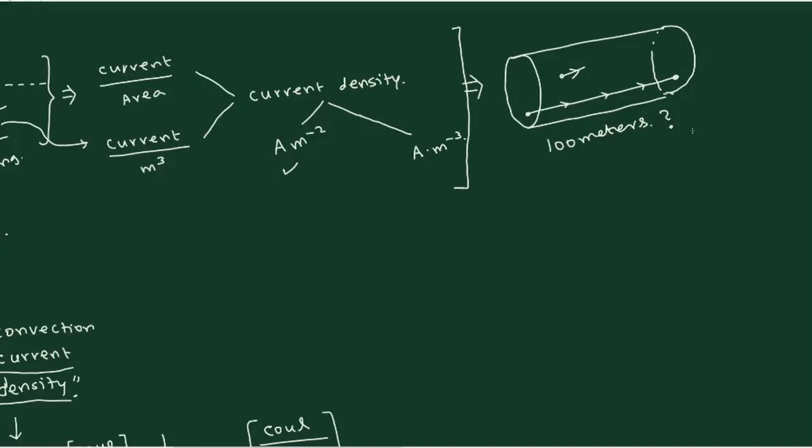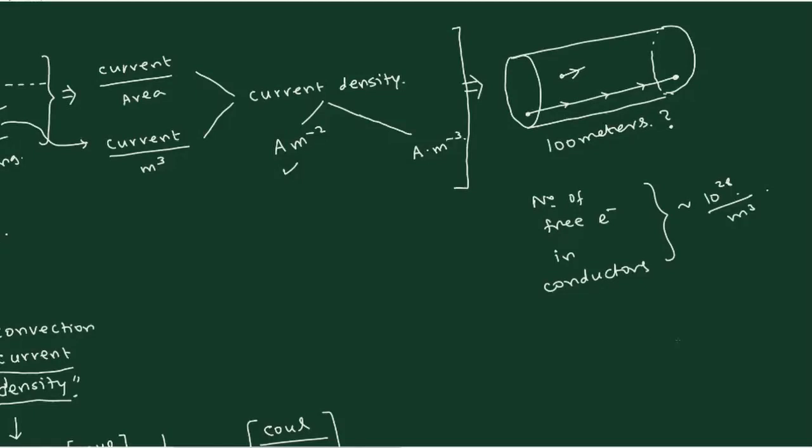Lattices means you have the ions, positive ions are there. They are held in fixed positions, and only the free electrons are there in the case of the metal. They are able to move. But how many free electrons are there? If you see, the number of free electrons in a conductor is of the order of 10 to the power of something like 28 per meter cube, approximately.